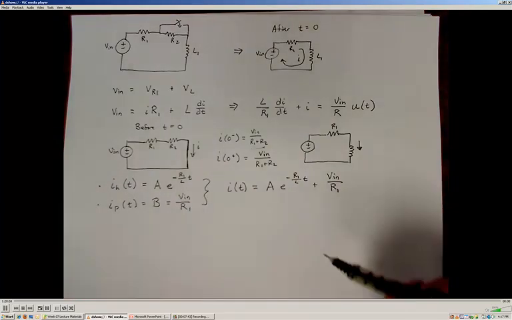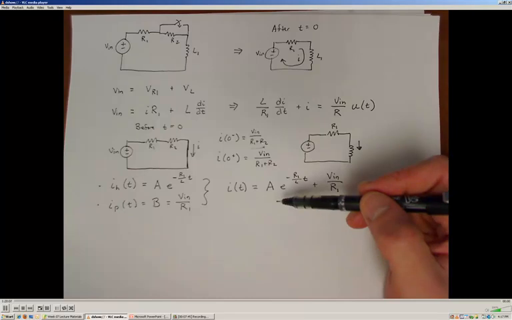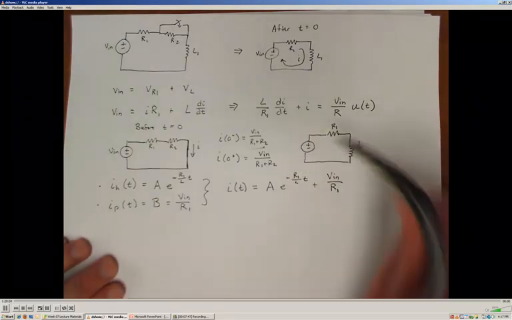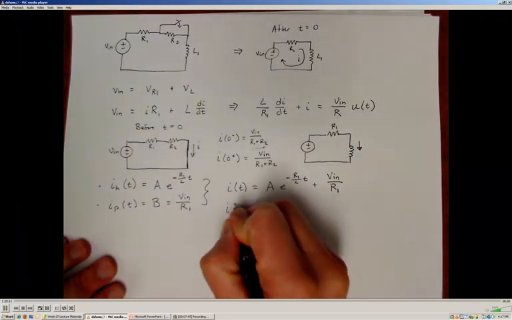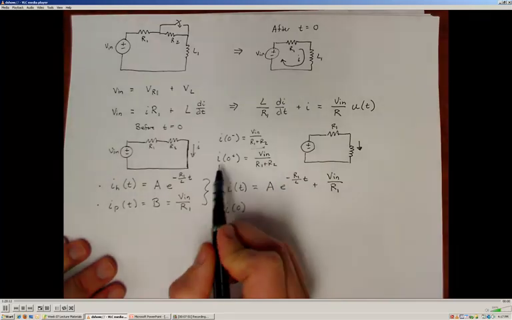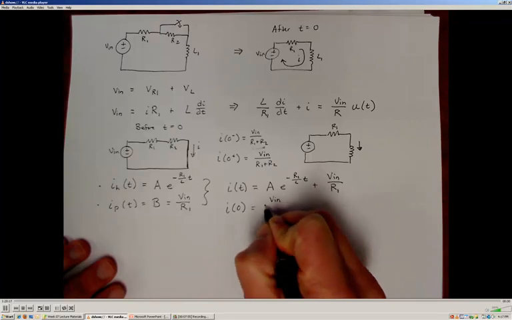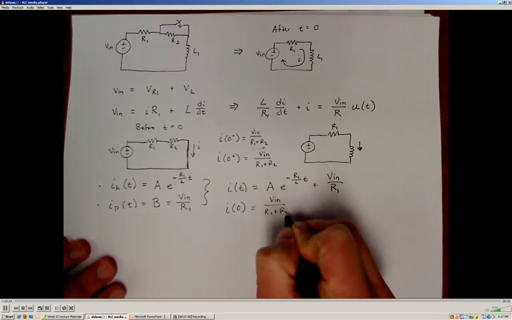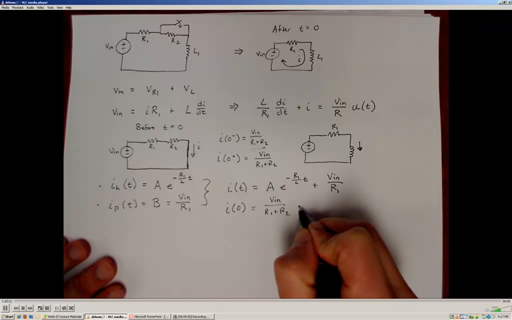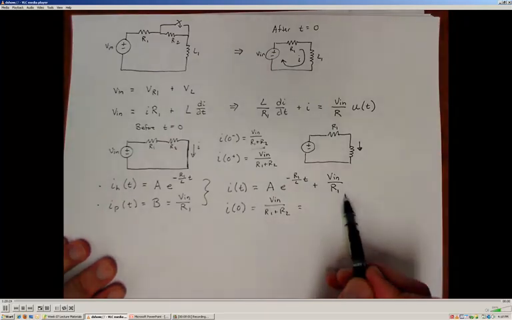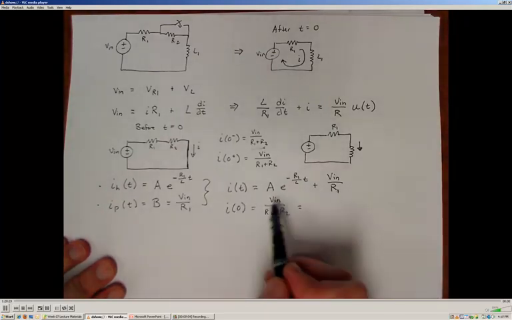Okay, now to determine the value of the unknown constant A, we need to apply our initial condition. We know from our analysis of what the initial condition should be that it should be Vn over R1 plus R2. And we can also analyze our solution at time equal to 0.